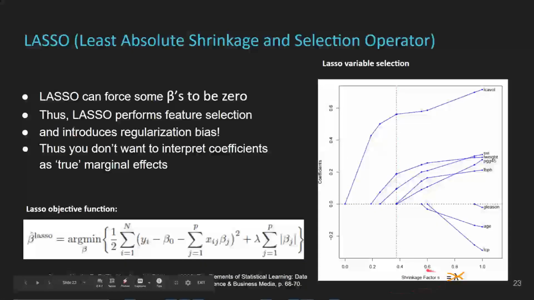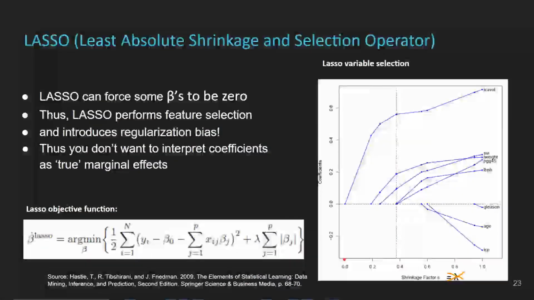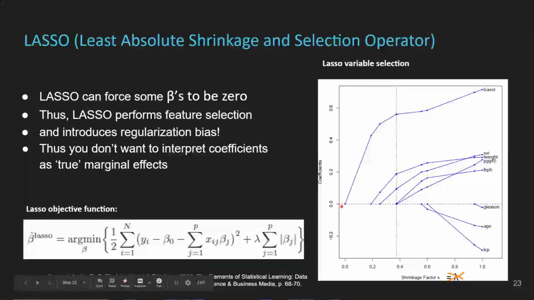The shrinkage factor is related to the lambda, but it actually increases as lambda goes down. So as the penalty gets smaller, the shrinkage factor increases. So when we go from left to right, the penalty gets smaller. In the beginning, a shrinkage factor of 0, meaning a very high penalty, no coefficient really enters our model. All of them are 0.